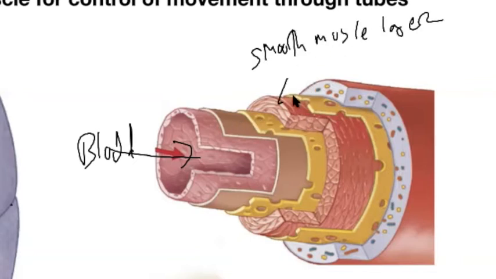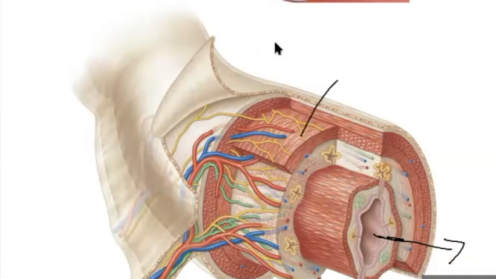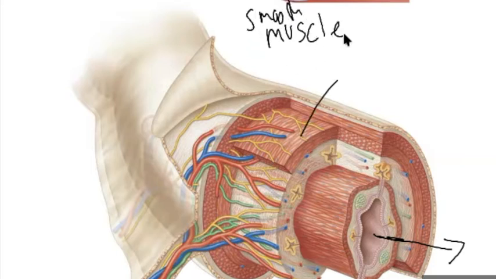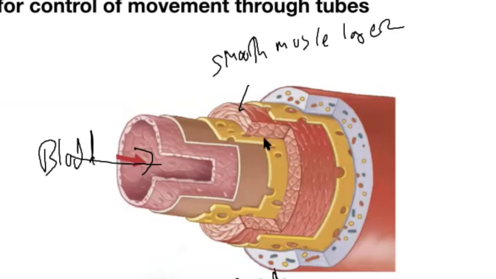You'll learn this as the tunica media when you get to blood vessels. You'll learn this as your muscularis externa. Smooth muscle, right? And these are muscles in your blood vessels which can constrict and cause vasoconstriction. That is, decrease the amount of blood flow, maybe increase the pressure, like putting your finger on a garden hose, right?